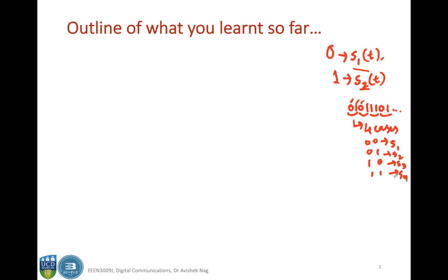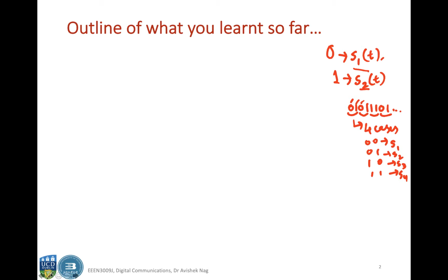The same concepts that you studied for signal space so far can be extended for multi-level signaling, where instead of sending one bit at a time, you are sending a symbol at a time, and each symbol can consist of multiple bits. Depending on how many bits are there in one symbol, you can have multiple signals sent out.